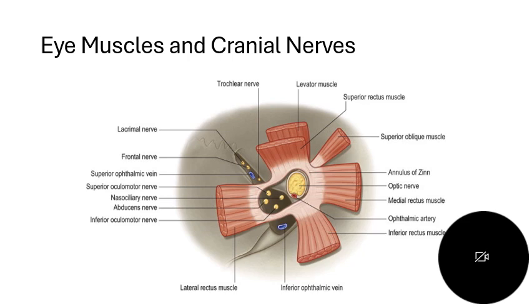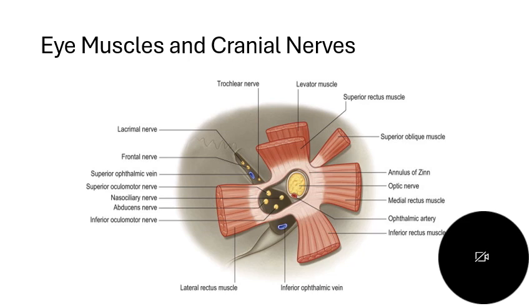The oculomotor nerve moves some of the muscles of the eye, the abducens nerve moves a muscle of the eye, and the trochlear nerve moves some muscles of the eye. The lacrimal, frontal, and nasociliary nerve are branches of the trigeminal nerve, which is a sensory nerve.